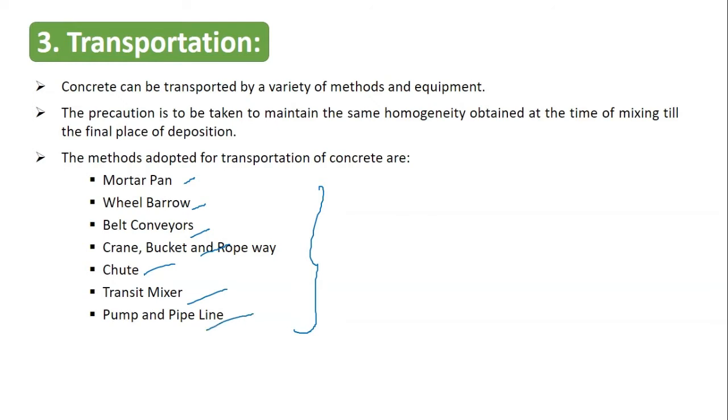These are the 7 ways in which you can transport the concrete from one place to another. We are going to see each in detail, and we are going to see what are the advantages and disadvantages with each of these.